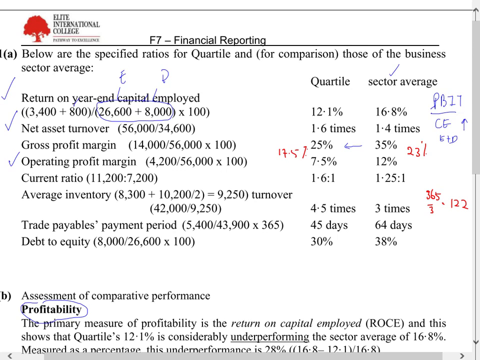This one? 365 divided. Yeah, it's about 81 days. So of course ours takes shorter. So the turnover is faster compared to the industry average. So we are actually able to control our inventory better than the sector average. Hence, can you see there's an improvement, better cash management here? Liquidity. Can we also link to just now we gave discount? Our sales are also faster, even though margin is lower.